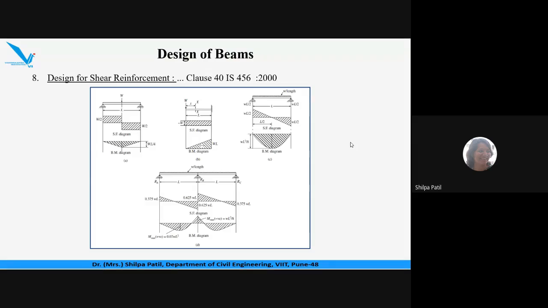A simply supported beam of a clear span 5 meter is subjected to ultimate UDL of 30 kilonewton per meter, inclusive of its self weight.